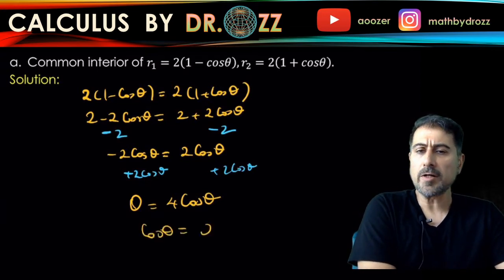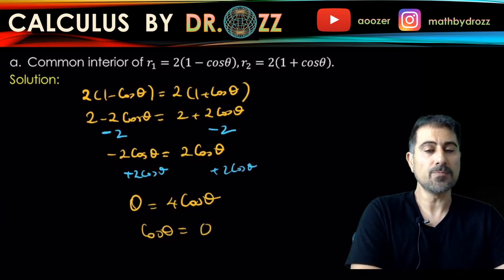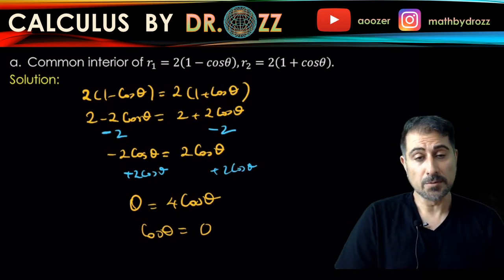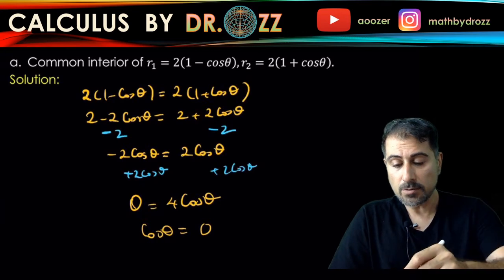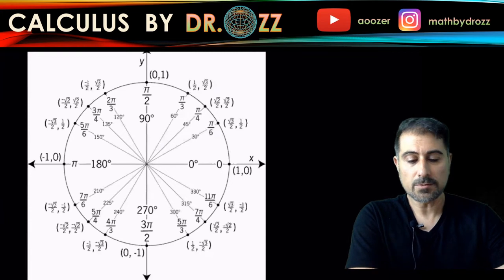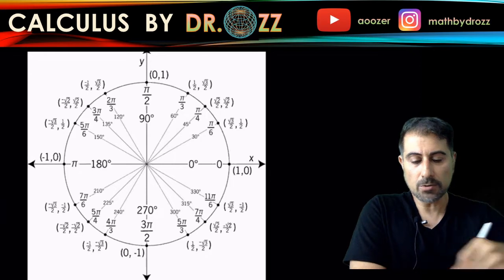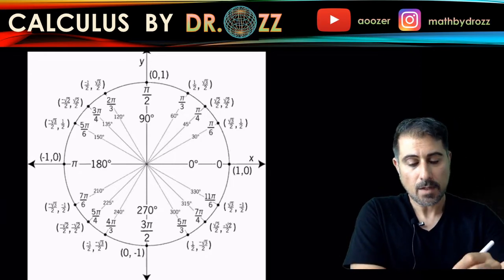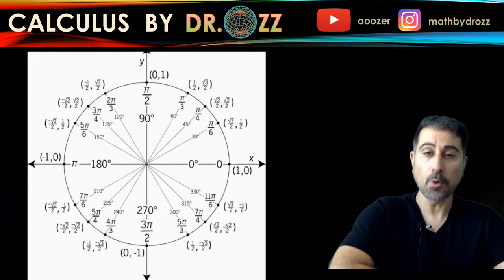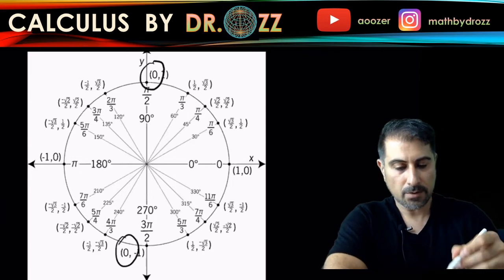At this moment, you can go ahead and use your calculator to find arc cosine 0, but it's only going to spit out one value. To find all possible theta values from 0 to 2 pi, you go back to the unit circle. We're looking for cosine theta equals 0, so we're checking where the x-coordinates of the points on the unit circle are 0, and you can visually see where this happens. It happens right here and right here, where the x-coordinates are all 0, and the corresponding angles are pi over 2 and 3 pi over 2.